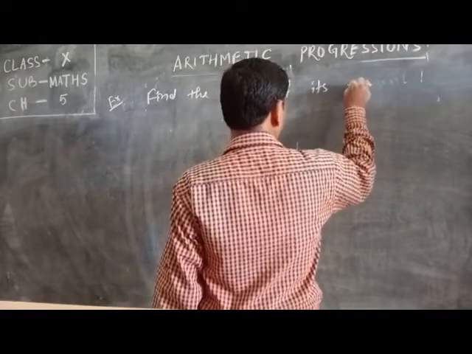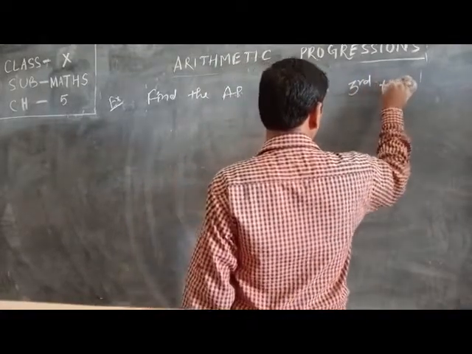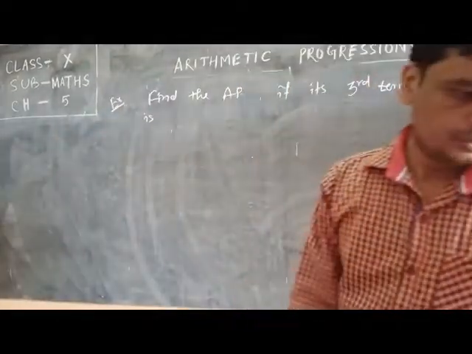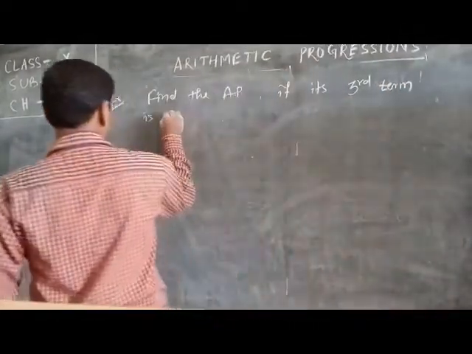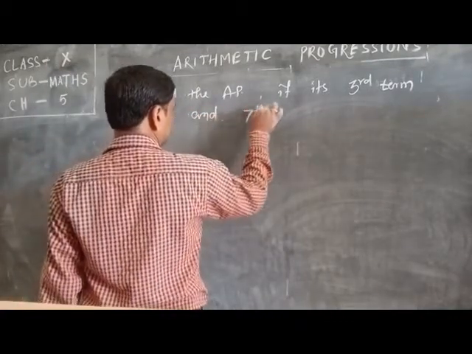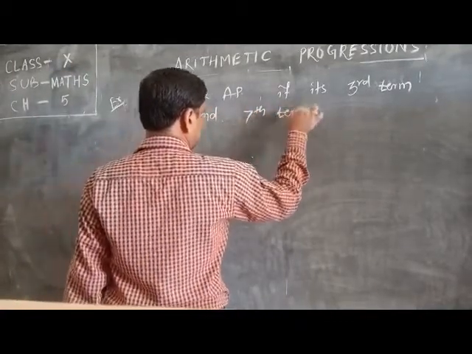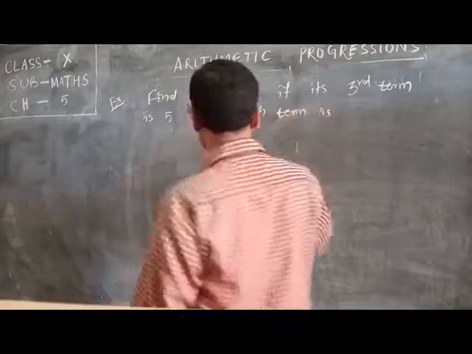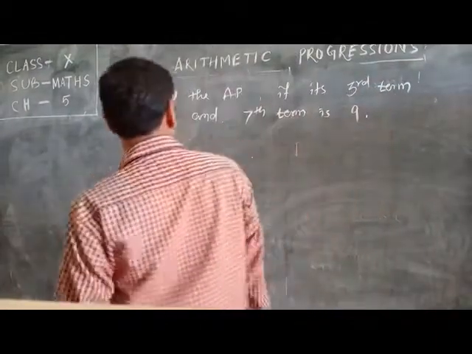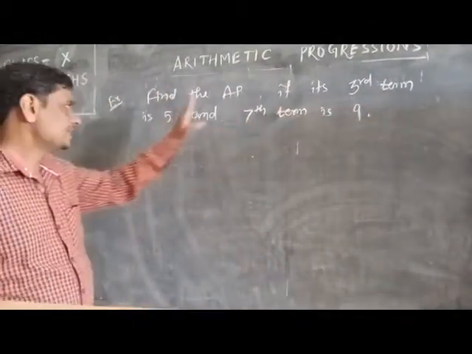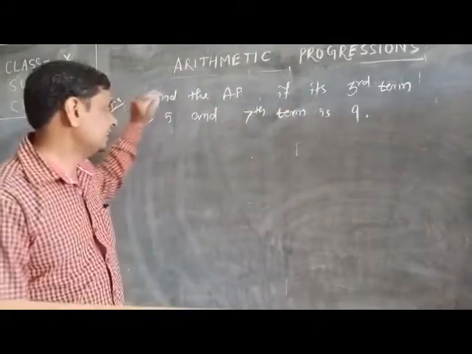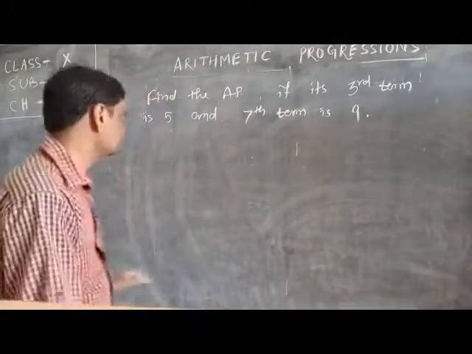Its third term is 5 and seventh term is 9. It is given the third term as 5 and seventh term 9. Then we have to generate the AP here.